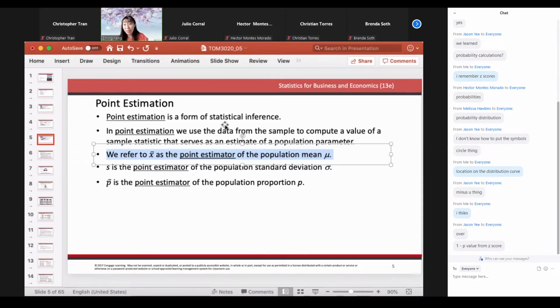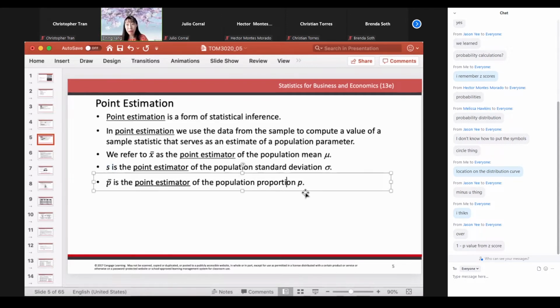That's the point estimate. And similarly, if we look at the spread, right, the standard deviation, we can calculate that one value, that one number, standard deviation, in the sample, which is S, and make it the point estimator of the population standard deviation sigma.